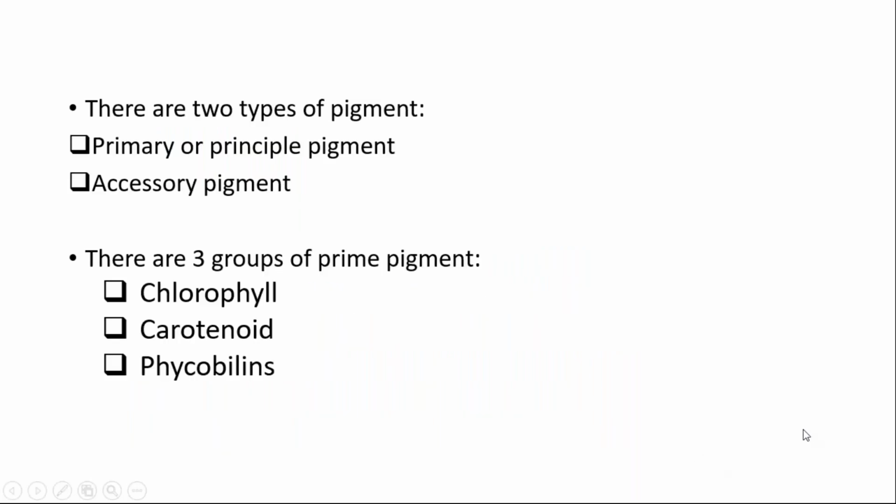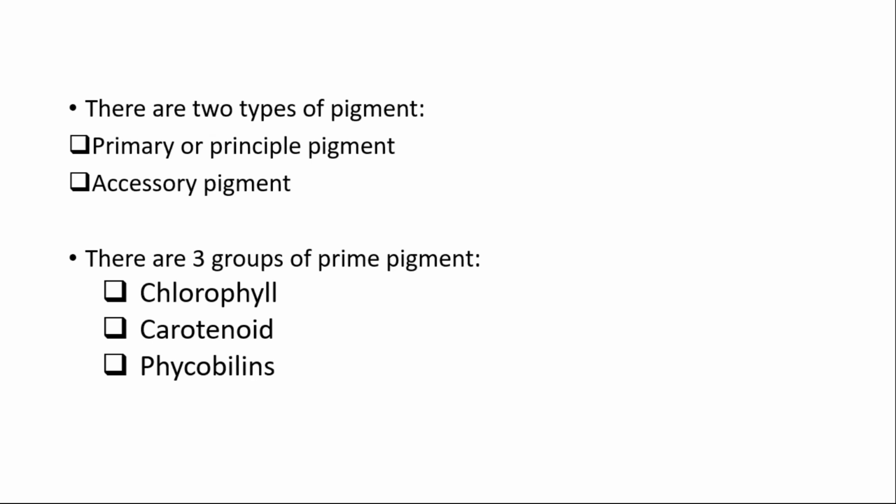So there are two types of pigments in the plants, and they are known as the primary pigment and the accessory pigment. The primary pigment is the actual color that you see, and it overtakes all other colors in that particular organelle of the plant.